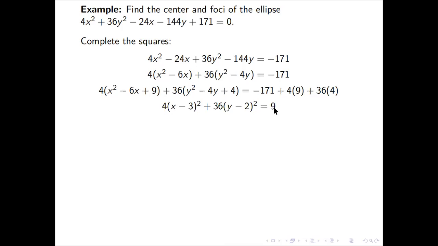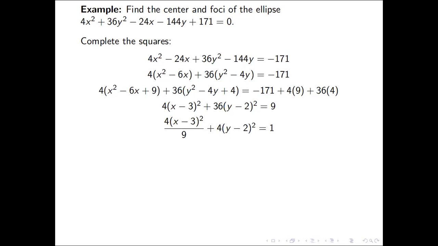However, to make this look like in standard form, we have to have a 1 here. So to do that, we just divide everything by 9, obviously. So dividing both sides by 9, we get this 1. So 4 over 9, then 36 divided by 9, we have 4. And finally, we should have all the constants on the denominator.